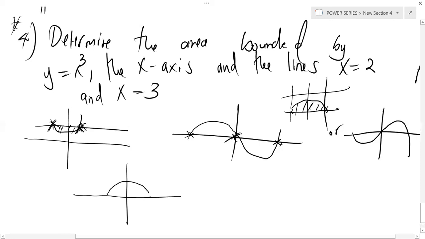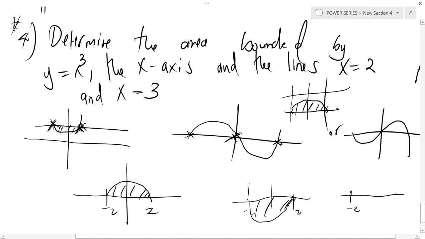Let's say I have an area like this. This is -2 and this is 2. This is the area. Let's say I have another area like this. This is -2 and this is 2, and the area here is like this. You see, these are 2 different areas. Let's say I have another area like this. The point of intersection is -2 and 2 still, but the area now is like this.